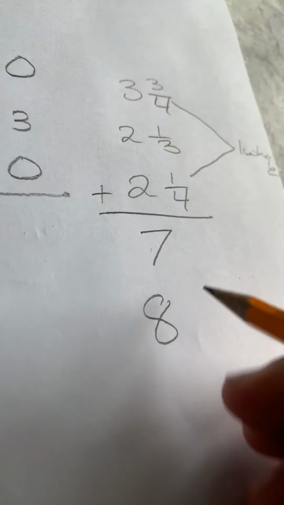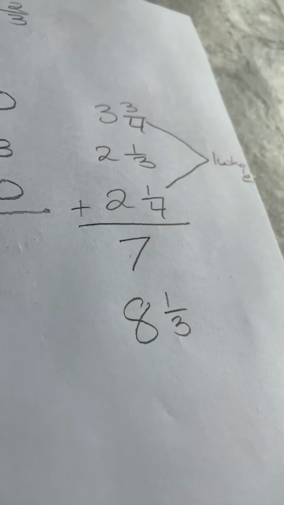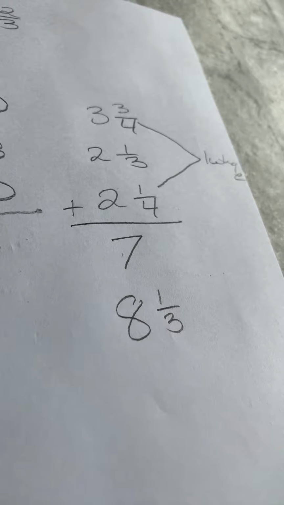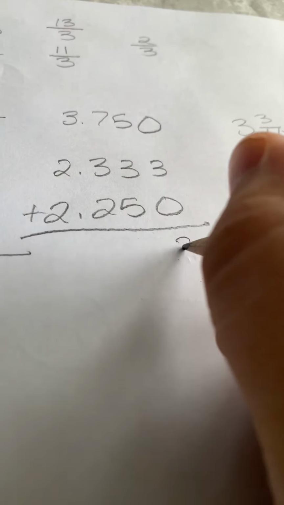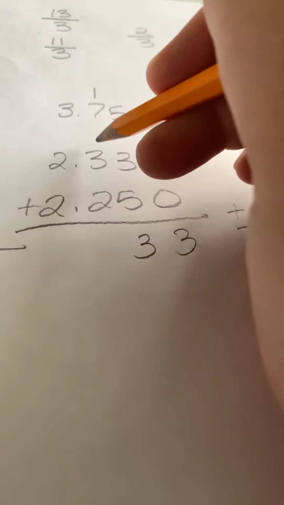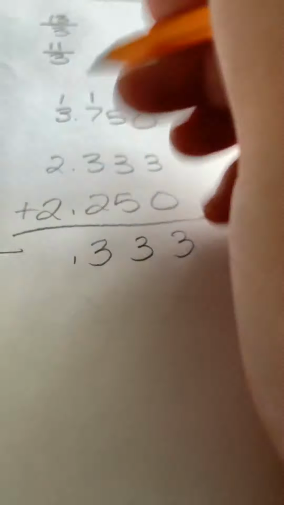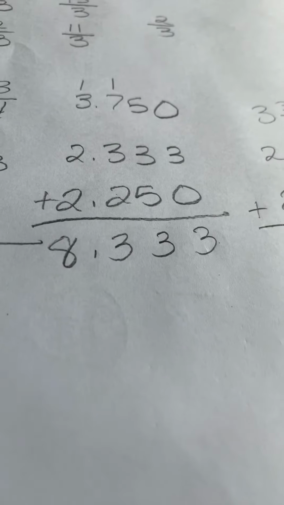8, and then I just got to bring down my 1/3. Okay? So let's look at it this way. 3, 10 plus 3 is 13. 10 plus 2 is 12, plus 1 is 13. 5, 6, 7, 8.